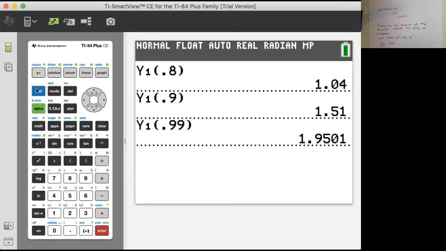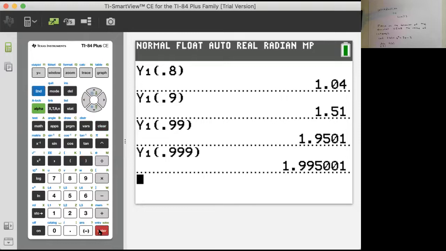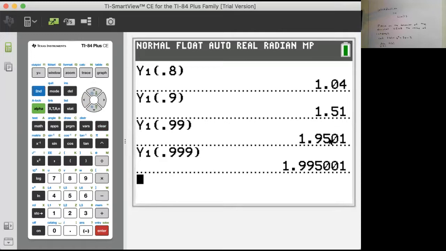And I try to identify some sort of a pattern to see what's happening. Where do we think the values of the function are getting closer and closer to? What are the y values getting closer and closer to? Now you may say, boy, 1.95, 1.995, they certainly seem to be stabilizing closer to some number. And you can hypothesize what you think that's going to be.